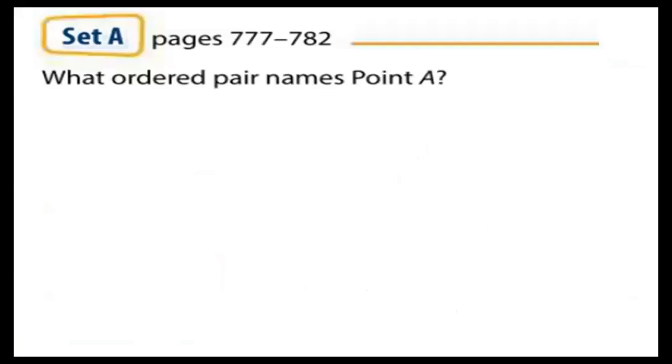What ordered pair names point A? The first section, or set A, in our lesson today will talk about the coordinate plane, x-axis and y-axis, and how to represent a point by the ordered pair, moving on the x-axis and y-axis.